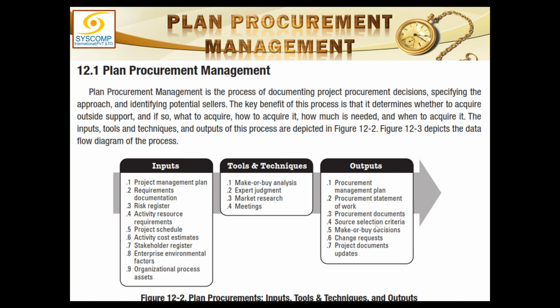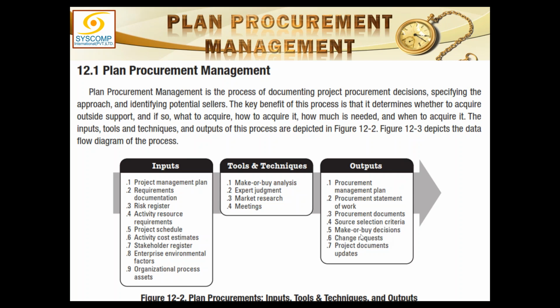Next output is a source selection criteria, that is the procedure for selecting the contractors. The criteria you established, how you are going to rank them, give them points for their capabilities. More than one bidders are there and you have to choose one. Naturally, we have already done the make or buy decision, because based on that we created the rest.